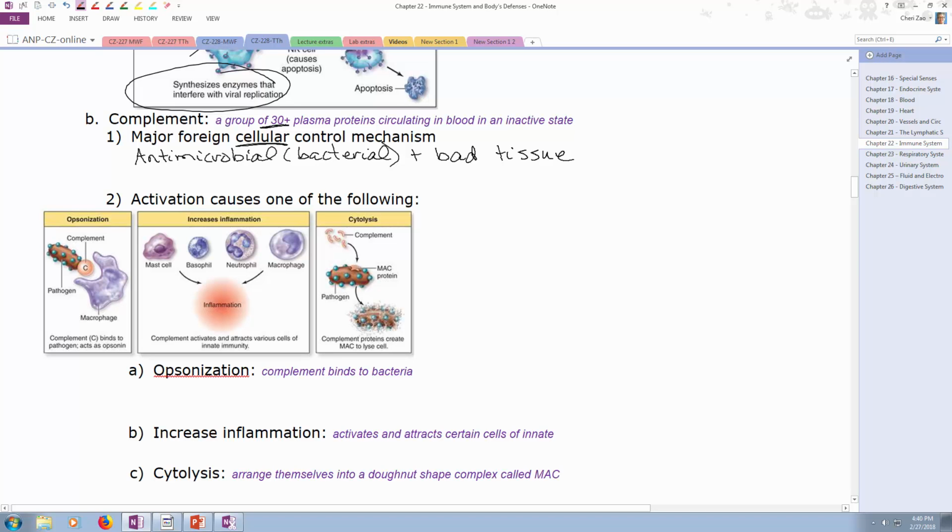So that's a little bit of cancerous tissue, also our transplant tissue, unfortunately. Things that it does not recognize as being actually genetically part of your process.